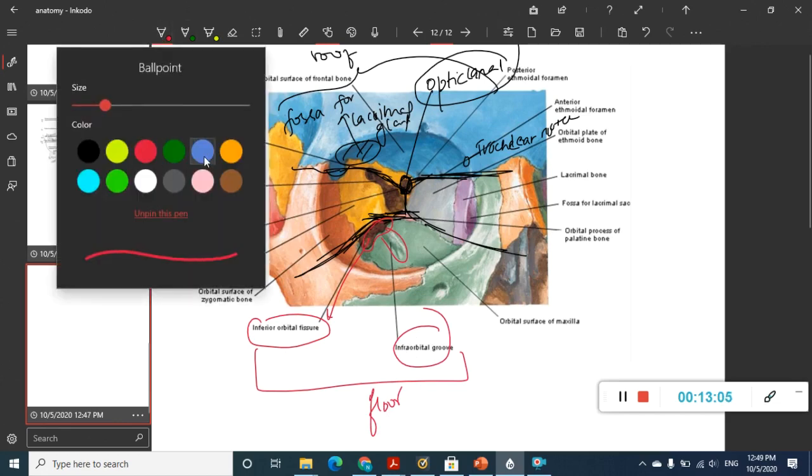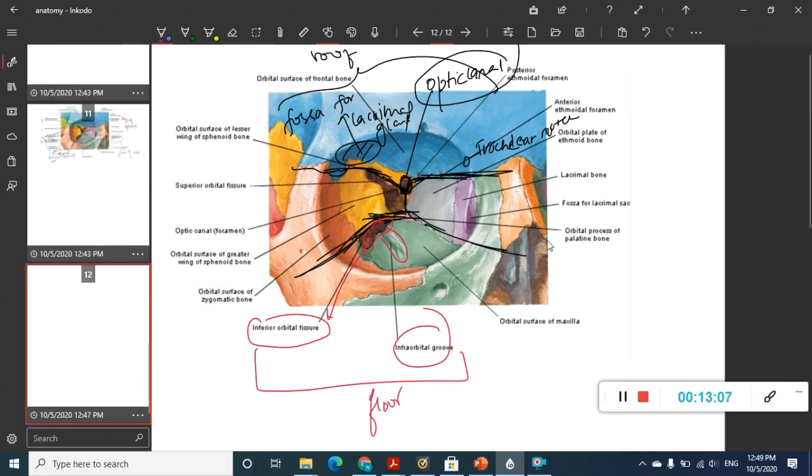Next, in the medial wall, what are you going to see? In the medial wall, you have important things. One, you have the lacrimal fossa here. See, this is the fossa for the lacrimal sac. This is important, and you also see the ethmoidal foramina.